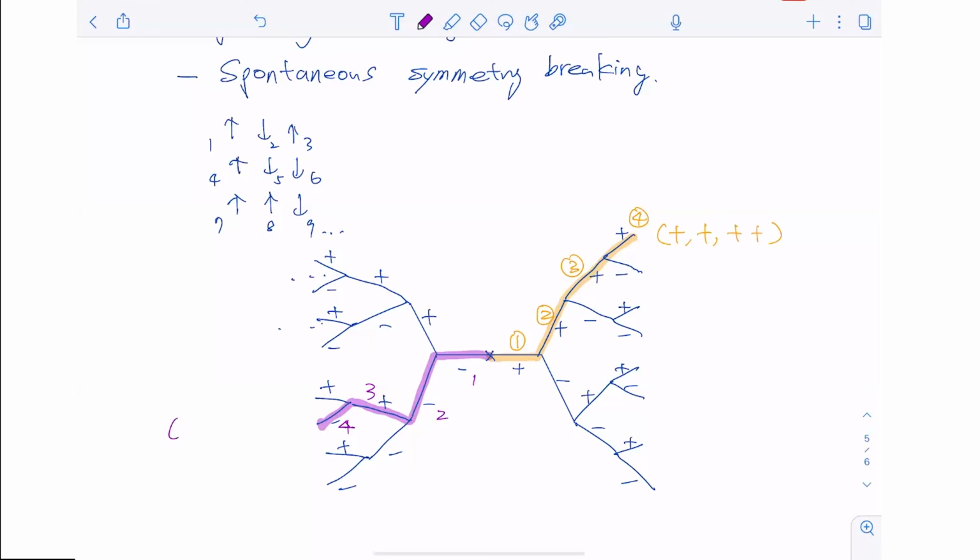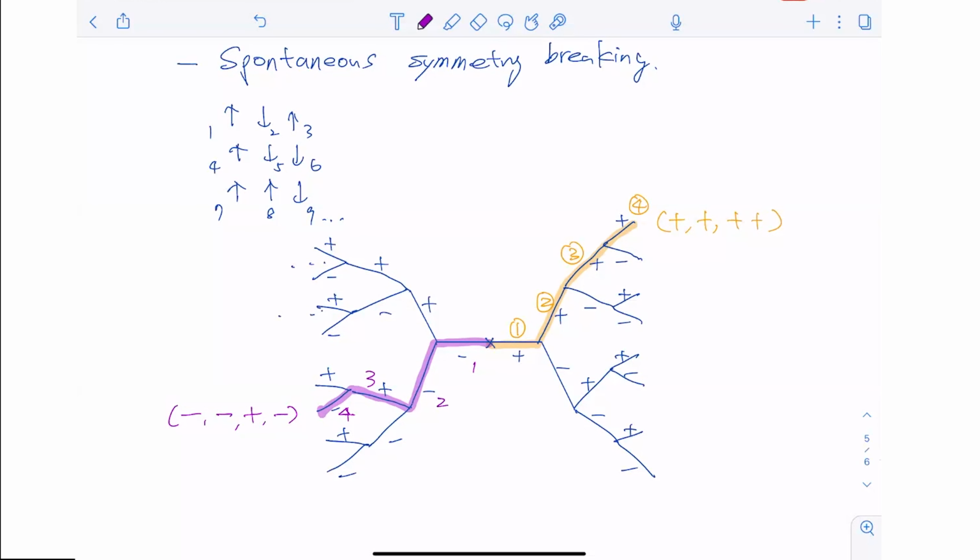Then what I should get is minus, plus, and minus. So you can convince yourself that at the end of each branch, you basically specify the spin configuration of your system. It's not too complicated.